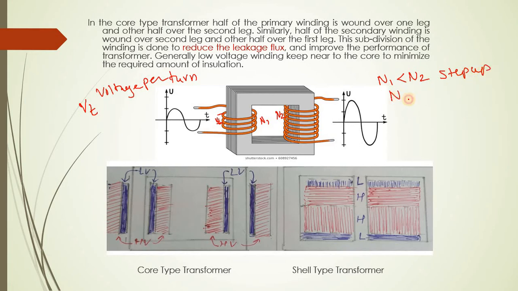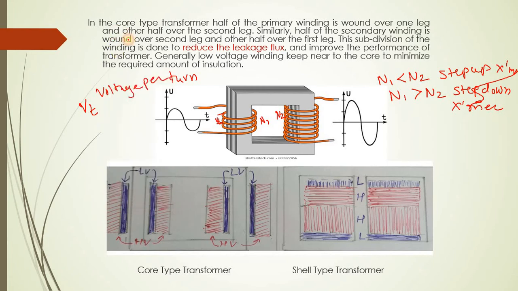When N1 is greater than N2, or the secondary voltage is less, then it is called a step down transformer. That is a step down transformer and step up transformer.